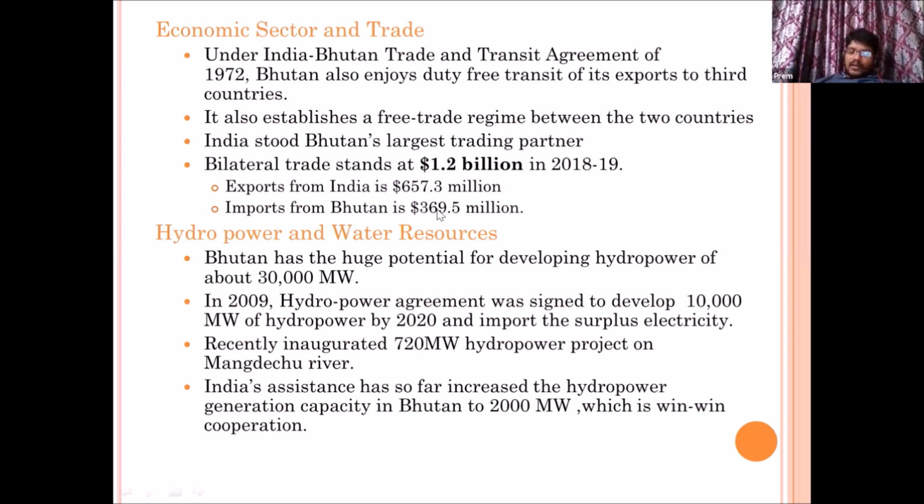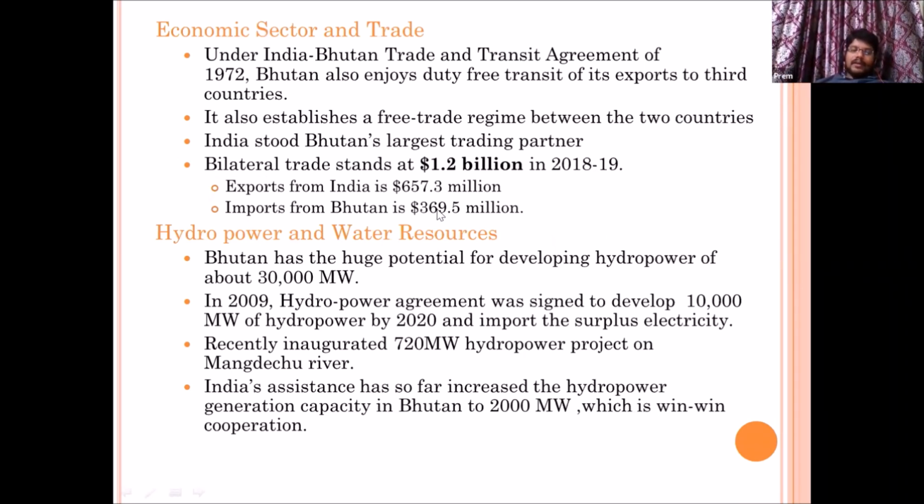India will invest, construct the projects, and generate the electricity. Some of it will be used by Bhutan, and the rest will be exported to India. It is to India's advantage also, because India will get cheap and green electricity. You don't need to build coal or CO2-emitting projects. These are very good, efficient, sustainable projects from which you get power.